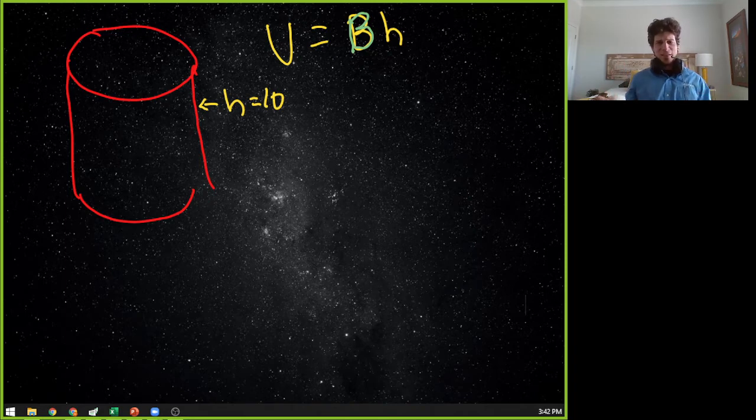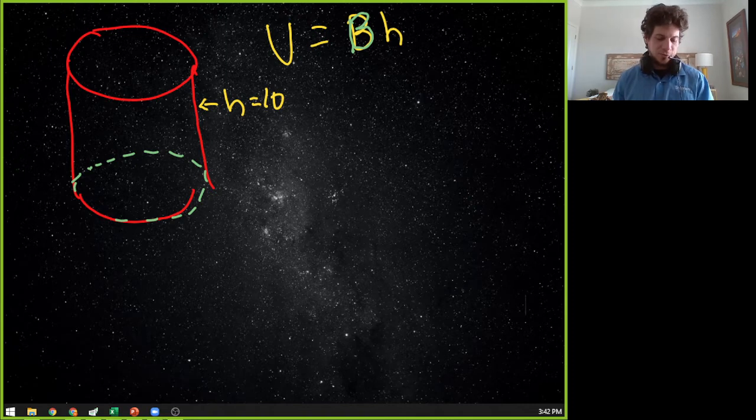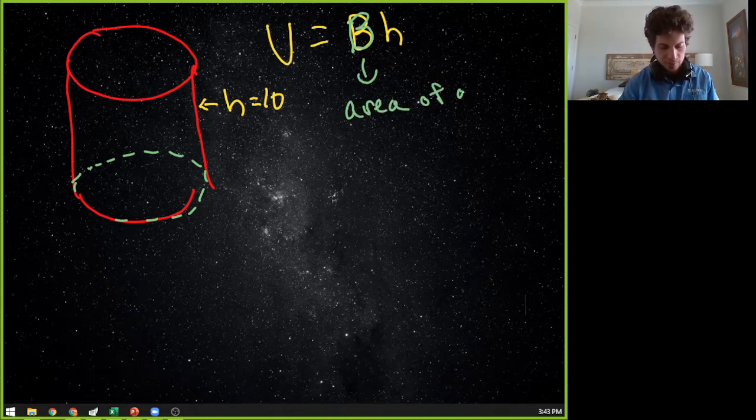What is the base of a cylinder? If you were thinking circle, you are absolutely correct. So in order to find the volume of a cylinder, we first need to find the area of a circle.